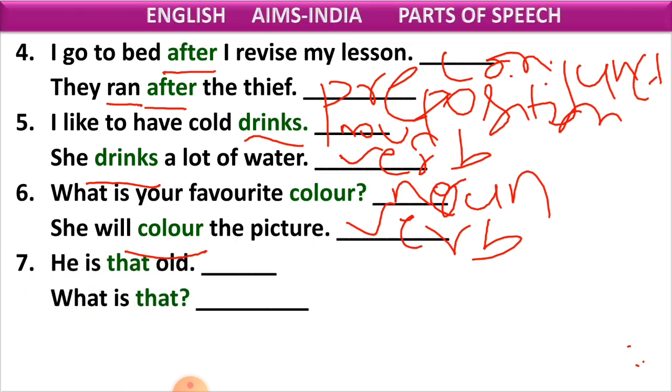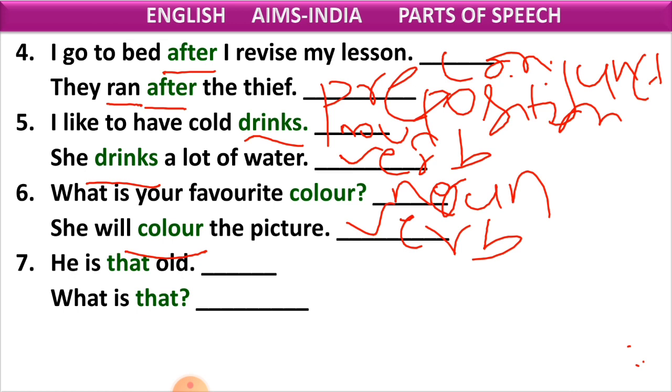He is that old. How much old he is? He may be 20 years, he may be of 30 years or 40 years, whatever it may be. He is of that old. So he is old, that is one sentence. But he is that old. So how much old he is, that we are telling here in this sentence.